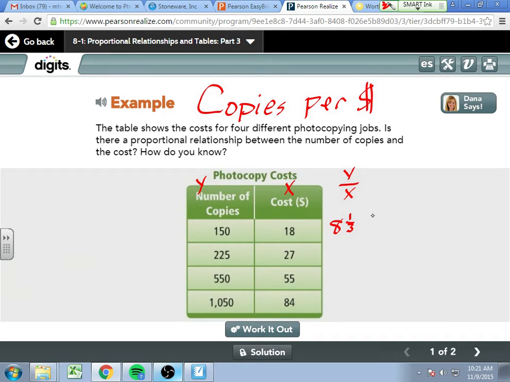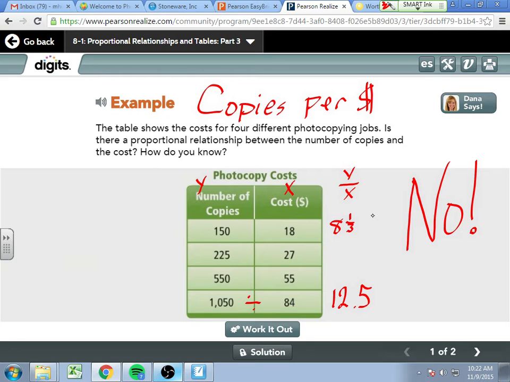So what if I do 1050 divided by 84? Here when I do this division, that actually comes out to be 12.5 copies per dollar. Is this proportional? No. The divisions were not equal. Can anyone guess why I got more here than I did up there?